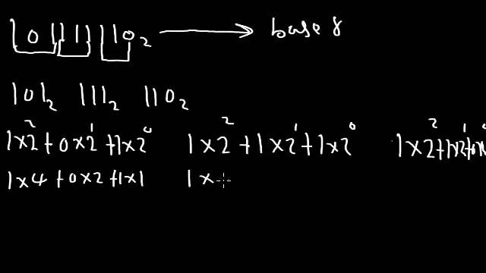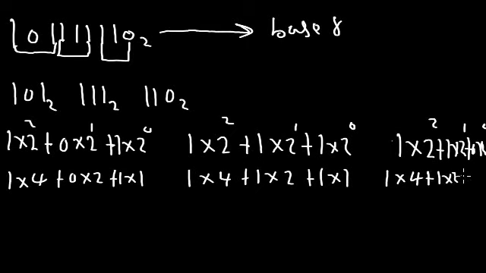For the second one, 1 times 2 to the power of 2, that's 1 times 4. 1 times 2 to the power of 1, that's 1 times 2. And 1 times 2 to the power of 0, that's 1 times 1. For the third one, 1 times 2 to the power of 2 is 1 times 4, and 1 times 2 to the power of 1 is 1 times 2, and 0 times 2 to the power of 0 is 0 times 1.